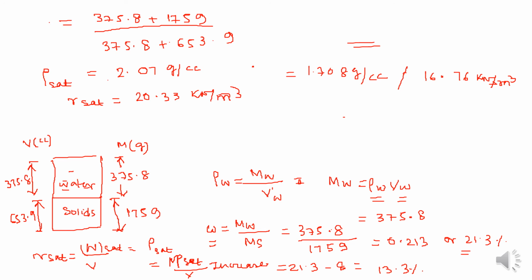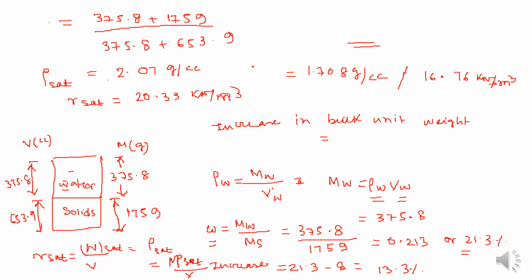So per meter cube of my soil sample, my increase in the weight of the water, or we can say my increase in the bulk unit weight, is equal to, we are simply subtracting from my previous weight that came around 18.1, or 18.05 to be exact.